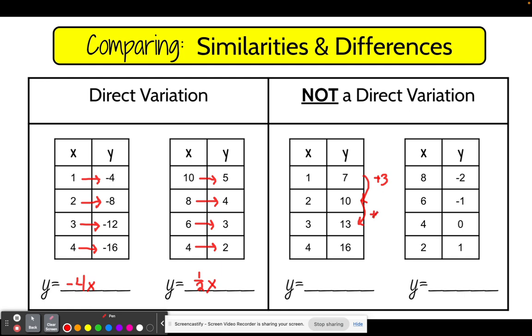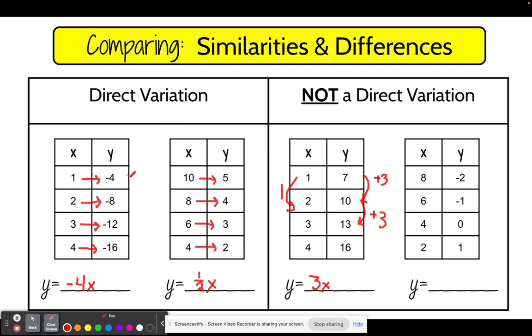And you can see that because I do not have that constant. 7 over 1 is not the same as 10 over 2. Because this would be 7, this would be 5. So in this case, it's going to be y equals 3x, because my change in y, which is 3, over my change in x, which is 1, is 3.